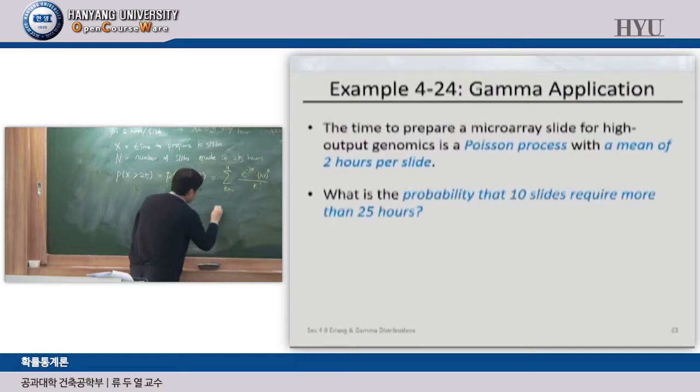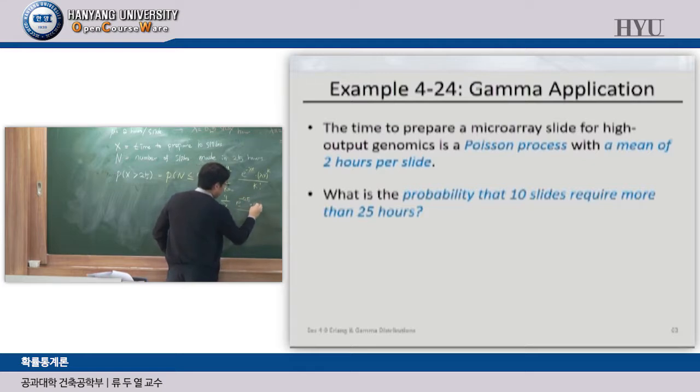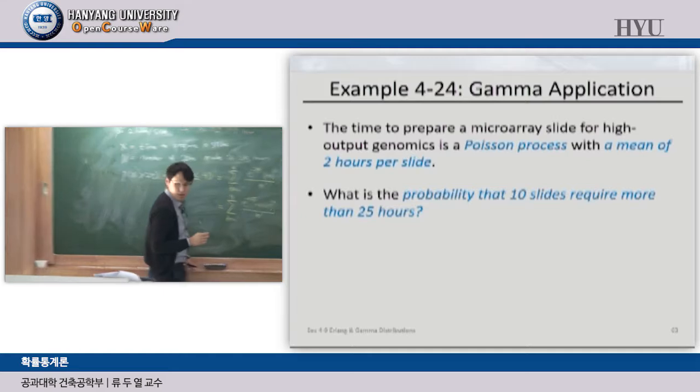So this can be written as the summation of k from 0 to 9, e to the minus 12.5 times 12.5 to the k's power over k factorial.